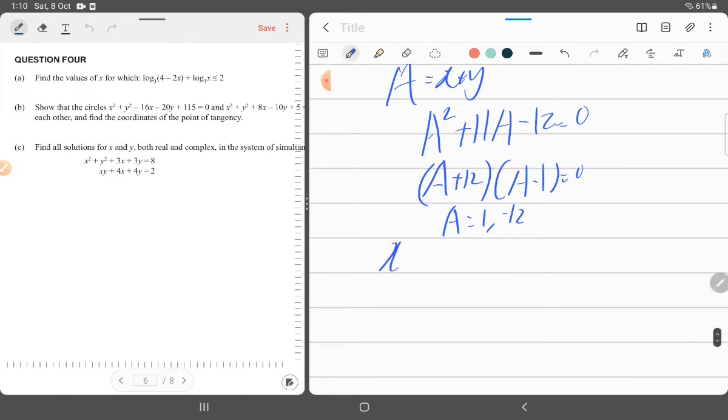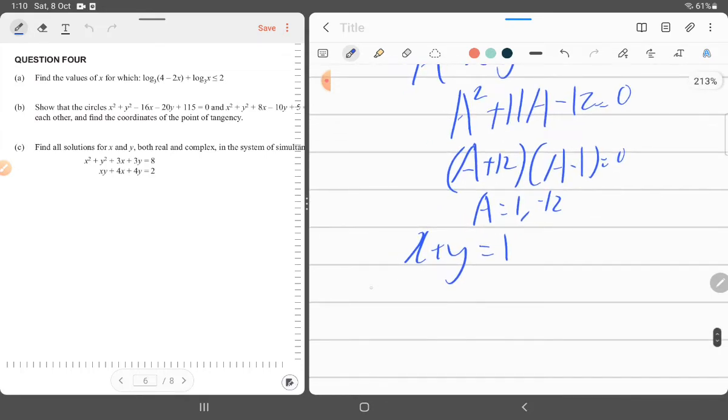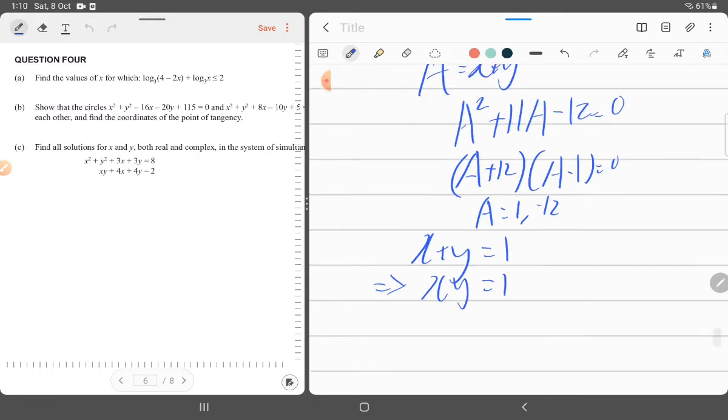Okay, so if x plus y is equal to 1, that creates xy is equal to 1, I think. Wait, do we know the exact values?